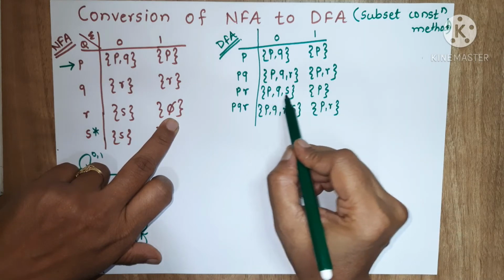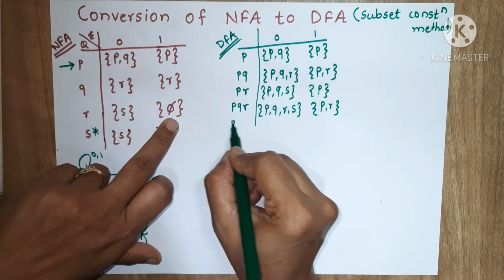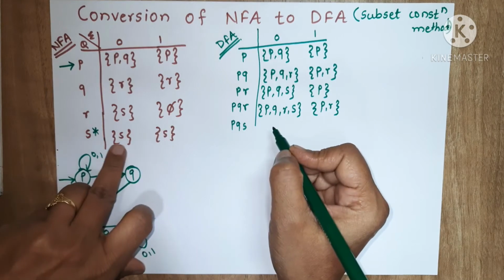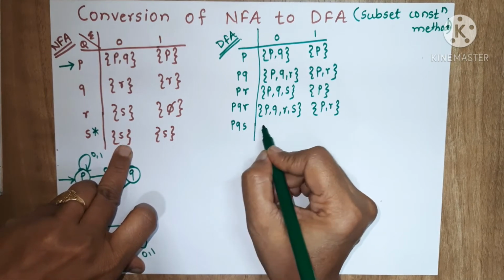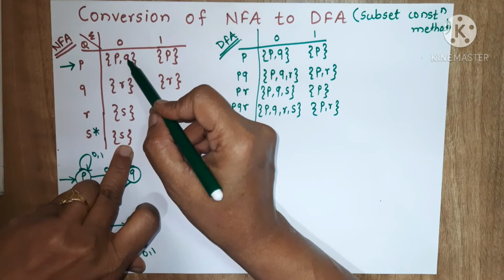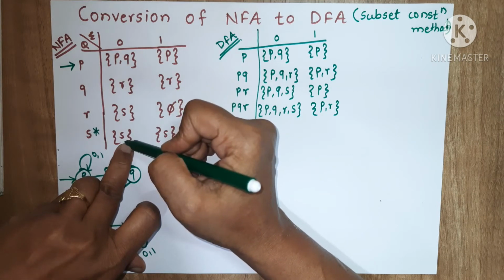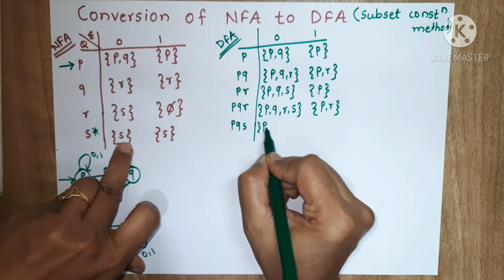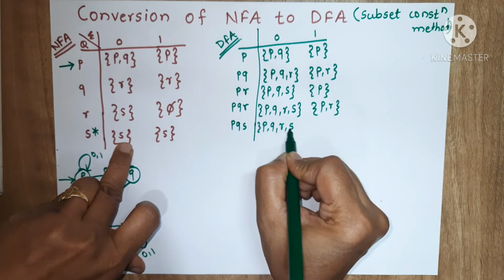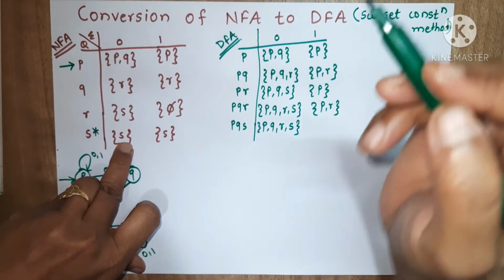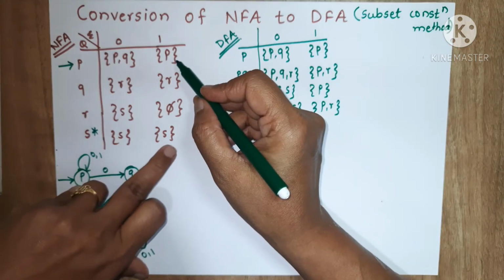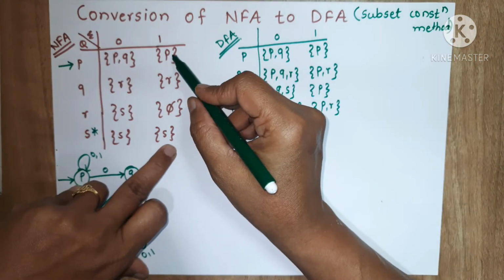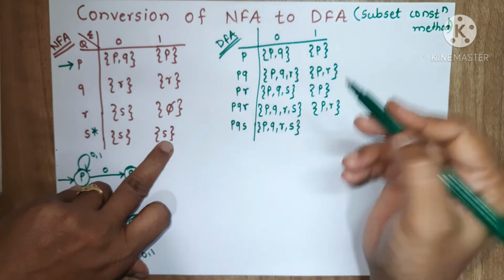The next state which we have to take is PQS. On 0, PQ union R union S, that is P, Q, R and S, and on 1, P union R union S, PRS.